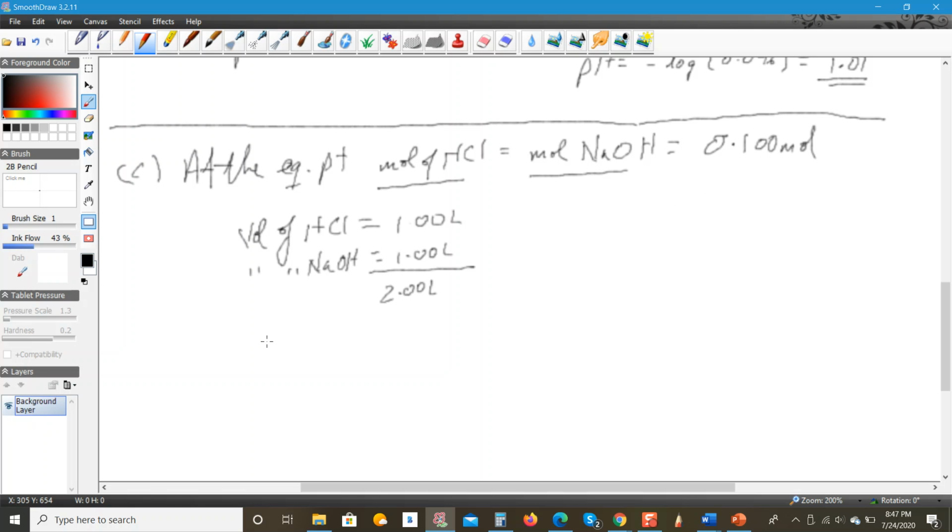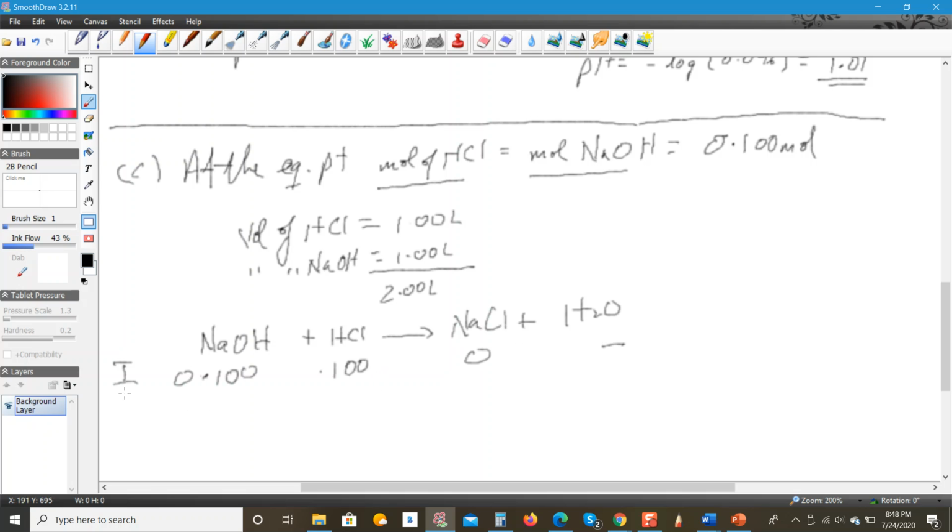So basically, this is how we're going to set up our ICE table. NaOH plus HCl to give NaCl plus H2O. And then initially, the moles of hydrochloric acid and sodium hydroxide will be the same. This would be 0.